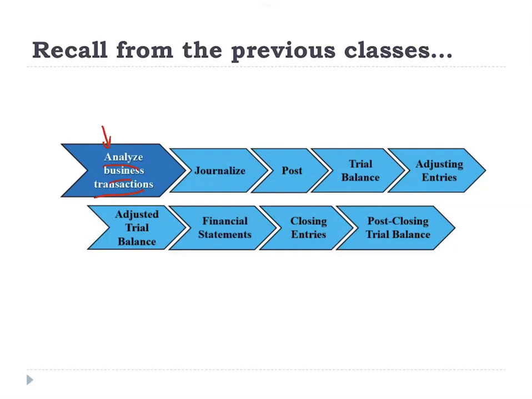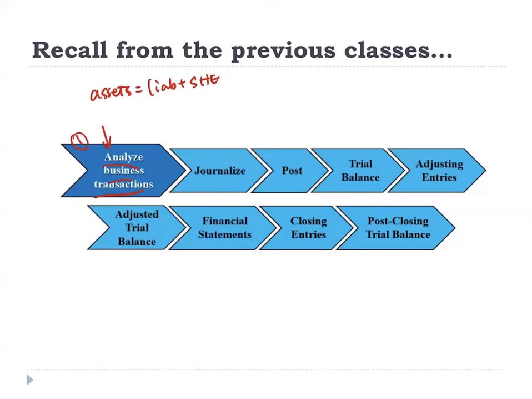By analyzing it, we analyze the effect of the transaction on the accounting equation, which is assets equals liabilities plus stockholders' equity. So we look at the effect of any event on the firm's assets, liabilities, and stockholders' equity. This is step 1, analyze the business transaction.